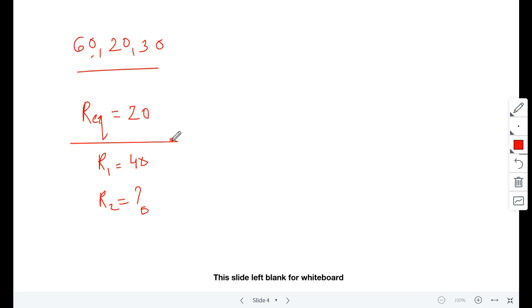Is it 13.3? I think we are doing some mistake. See, this is the equation. It's 1 over 20 equals 1 over 40 plus 1 over R2, right?